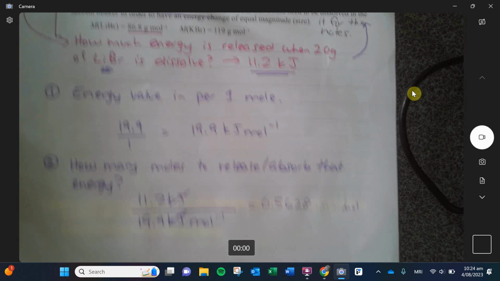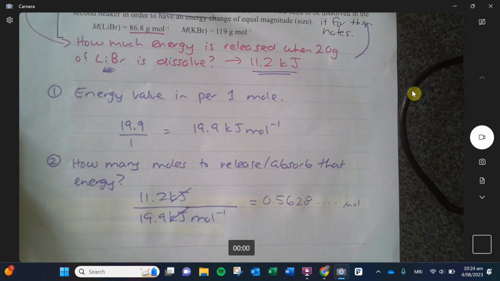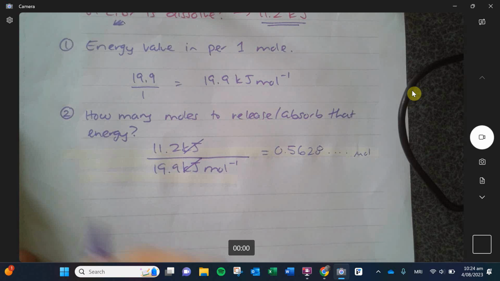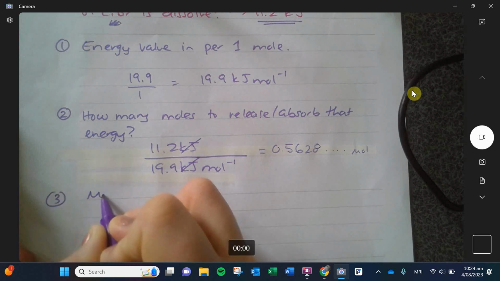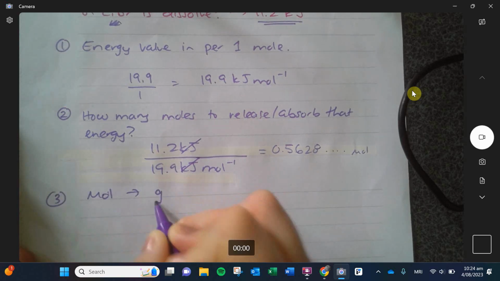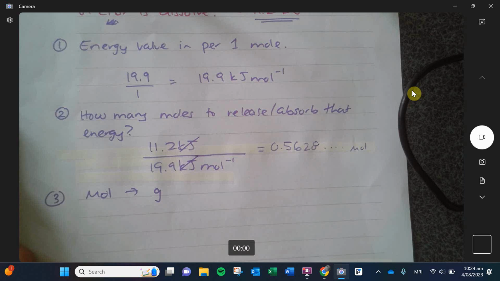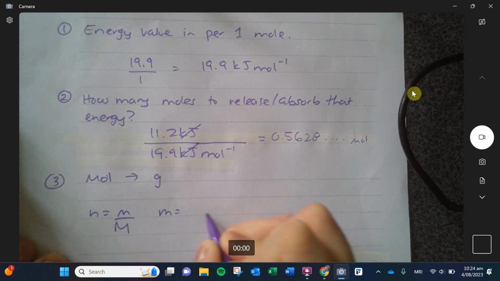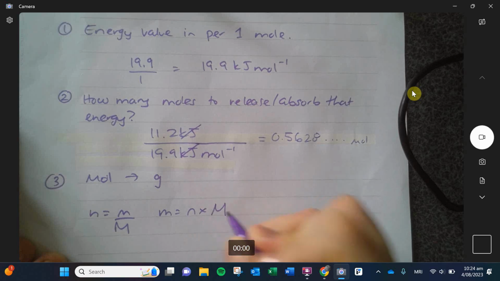But the problem I'm running into is that the question is asking to calculate the mass. So I need to, step 3, convert from moles back to grams. So if we have n equals m divided by big M, I want to rearrange that. And so mass would equal the amount times the molecular mass.